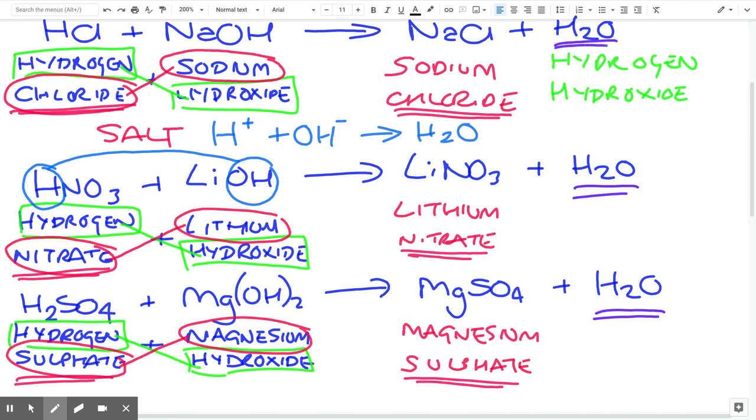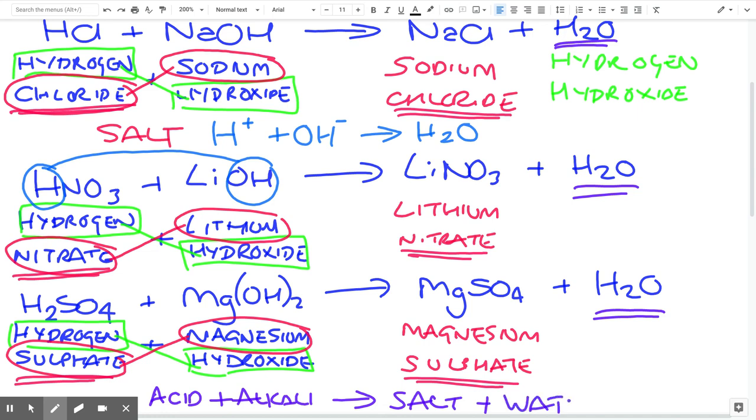That's always produced. So it allows us to get a very generic overall reaction of an acid plus an alkali, or base sometimes, to produce a salt plus water.